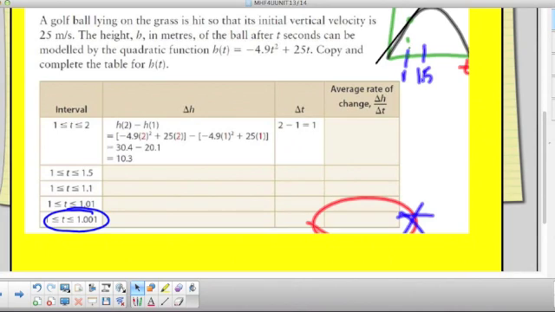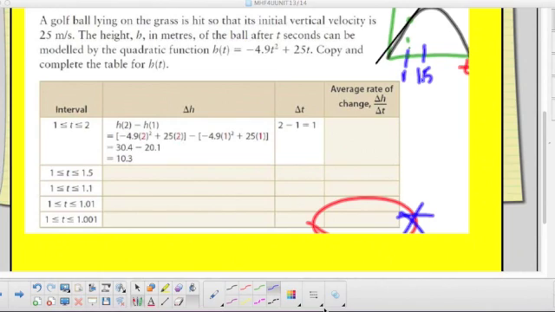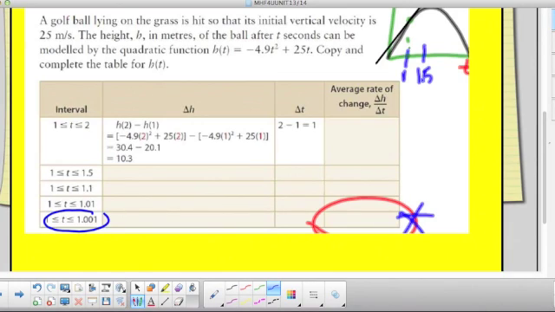And I'm going to try to figure out the instantaneous rate of change and then compare that.